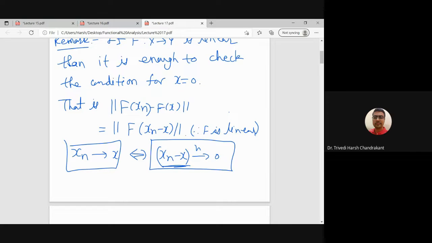Therefore, yn converges to 0 implies f of yn converges to 0.